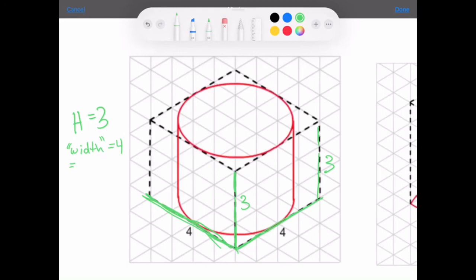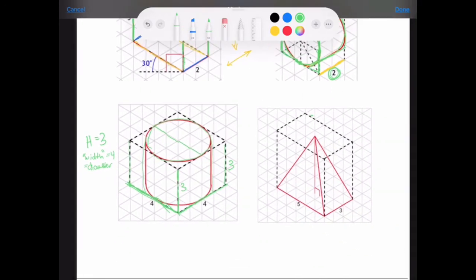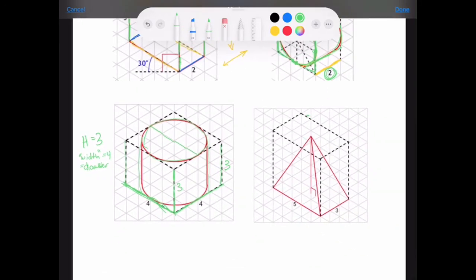It's actually the diameter. Okay, so here will be 1, 2, 3, 4, right? Because it's the diameter. So you just, again, draw your lines as you can. Start with the circle, bring it down. I'm showing you how it mathematically describes it.